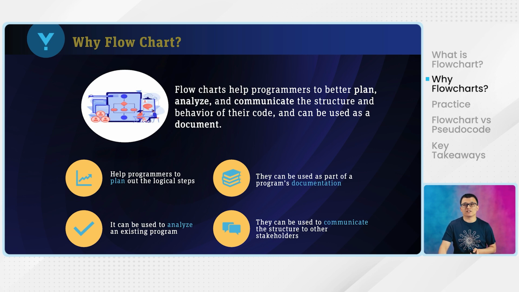And lastly, it is the documentation. Okay, flowcharts can be used as part of a program's documentation, because they provide a clear summary of the program's logic and structure for future reference. Okay, so those are the reasons why we should use the flowcharts.